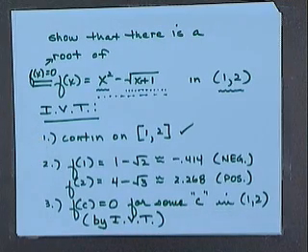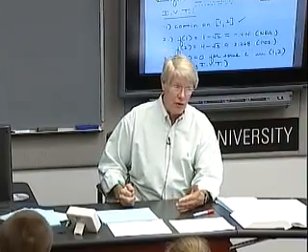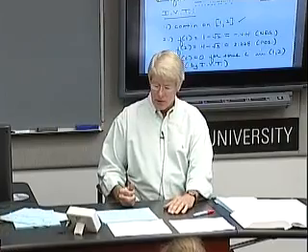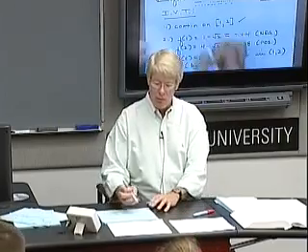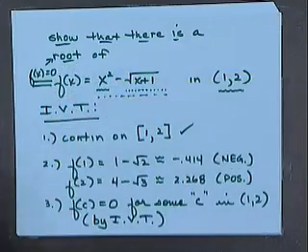By the intermediate value theorem, we are guaranteed a value. In some cases, you are asked to find that value or those values, but this was to show that there is a root. We know there's a root. There is a solution to this.